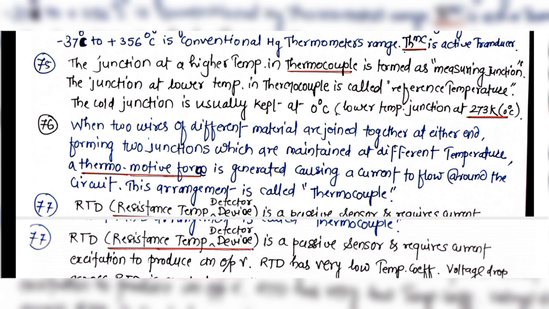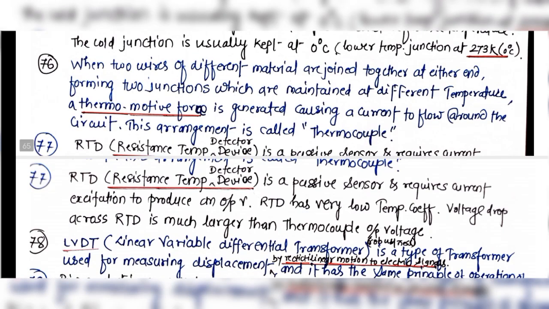Thermocouple is an active transducer. The junction at a higher temperature in a thermocouple is termed the measuring junction. The junction at lower temperature in a thermocouple is referred to as the reference junction. The cold junction is usually kept at 273 Kelvin or 0 degrees Celsius.